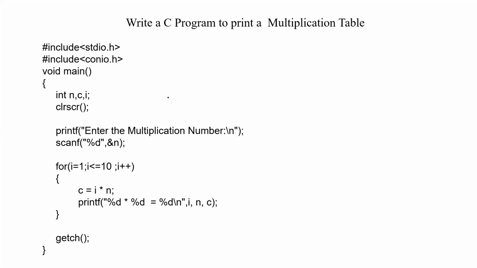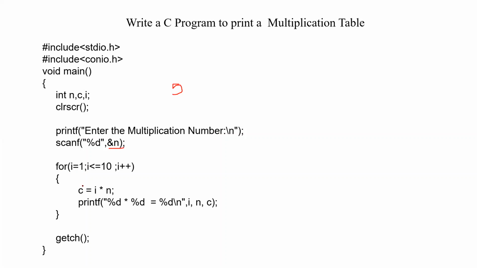If I want to print the multiplication table of 5, enter the multiplication number. I'll be accepting 5 in the number n. Got it? So using %f, we'll be accepting the value n in the variable called n. So 5 in the variable called n, and using a for loop.